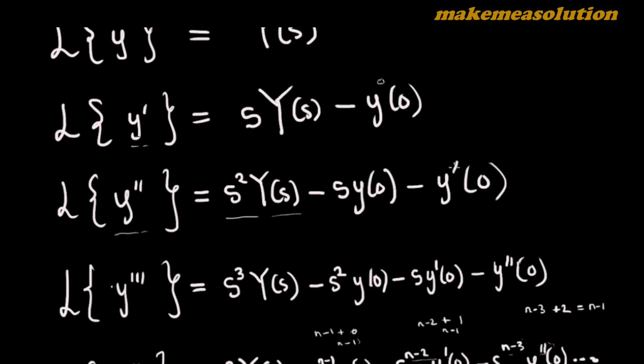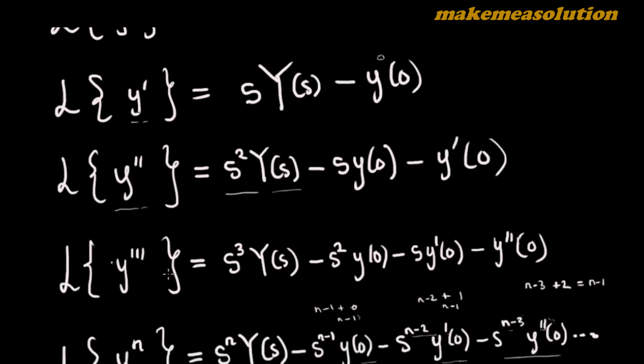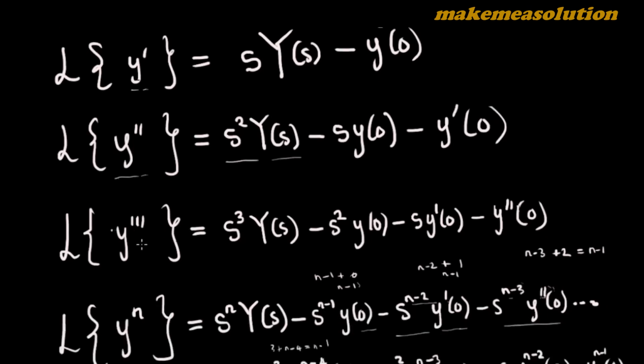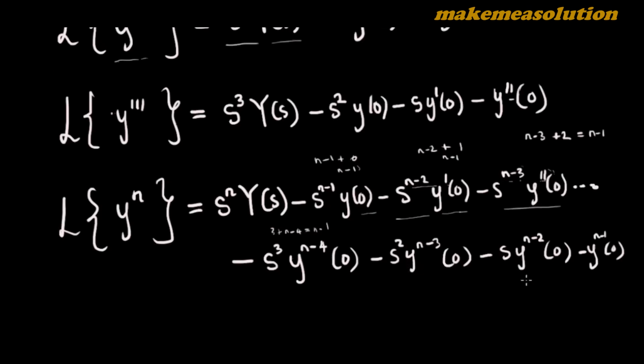So just one derivative lower in order than where we are starting from. If we start with the Laplace transform of the third derivative, we end with the initial condition for the second derivative. So when we start with the Laplace transform of the nth derivative, the last initial condition will be the n minus 1th derivative. So this is the general form for writing the Laplace transform of y raised to the power of n.